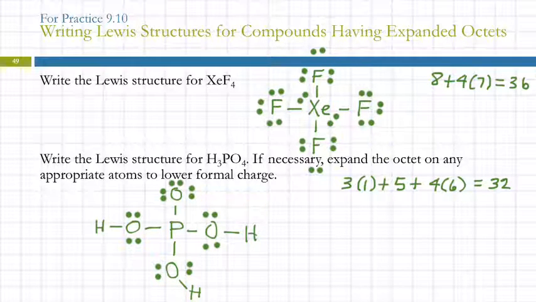That's the only one that's large enough to do that. So we'll take a pair of electrons from the oxygen and share them with the phosphorus. And now the phosphorus, cutting these bonds in half, would leave with 5. It came with 5. That's a 0 formal charge. And our oxygen now has a 0 formal charge. Any questions?